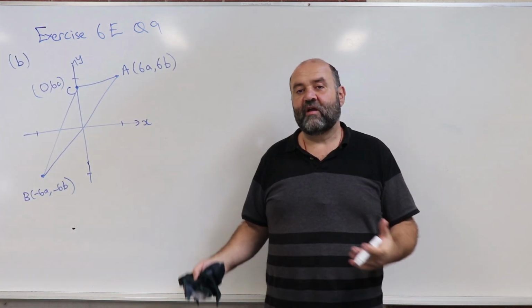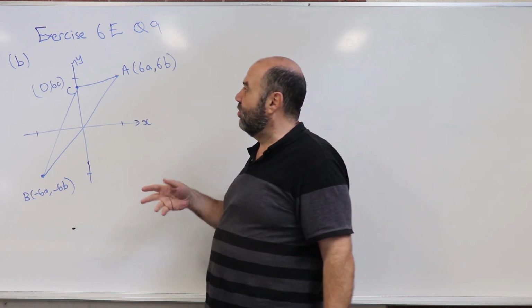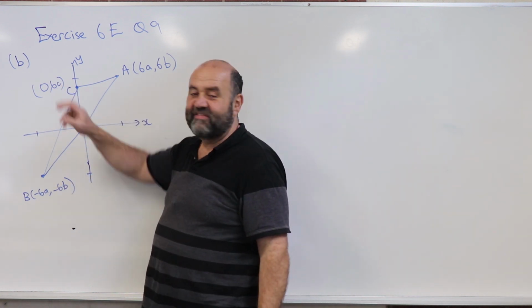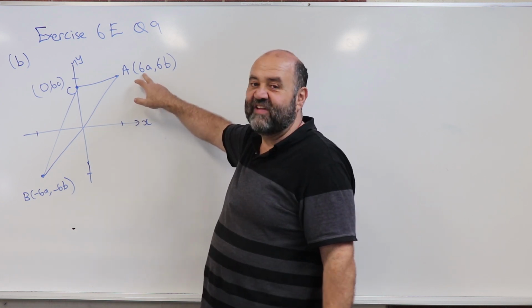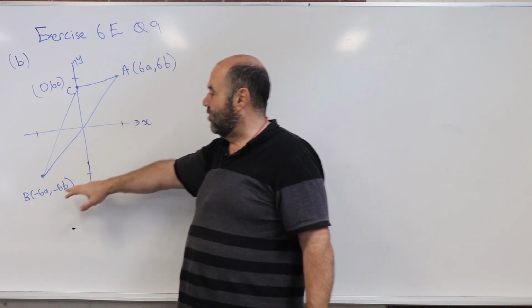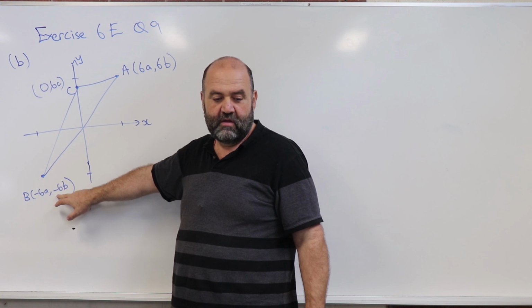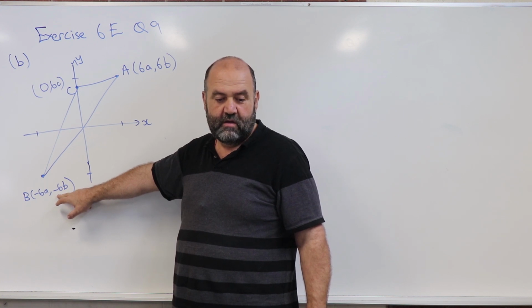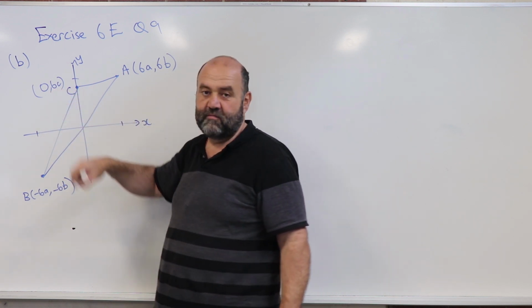Righto folks, welcome back. Part B tells us to consider the 3 points A, B and C. Again, we're talking about a triangle. A has coordinates 6a, 6b. B has coordinates negative 6a, negative 6b. And C has coordinates 0 and 6c.